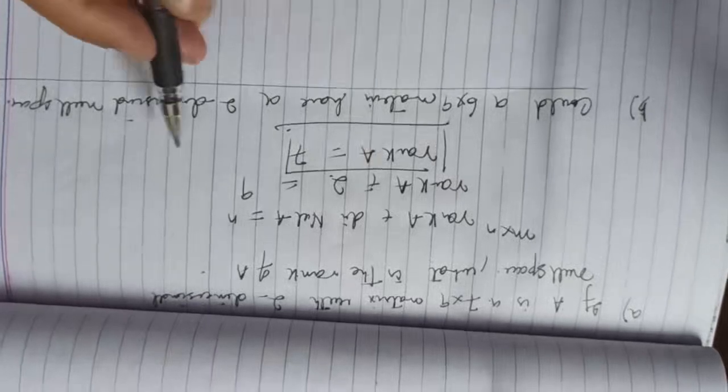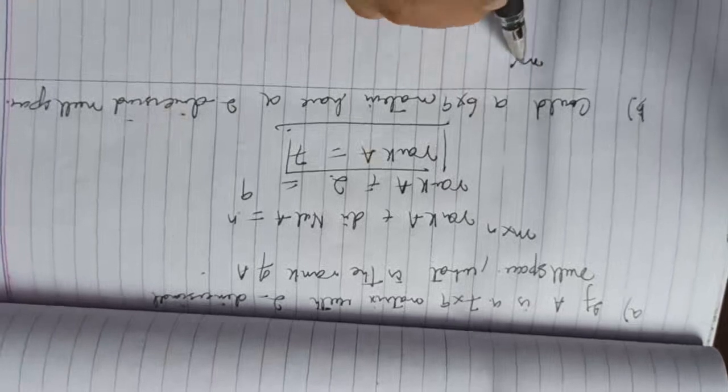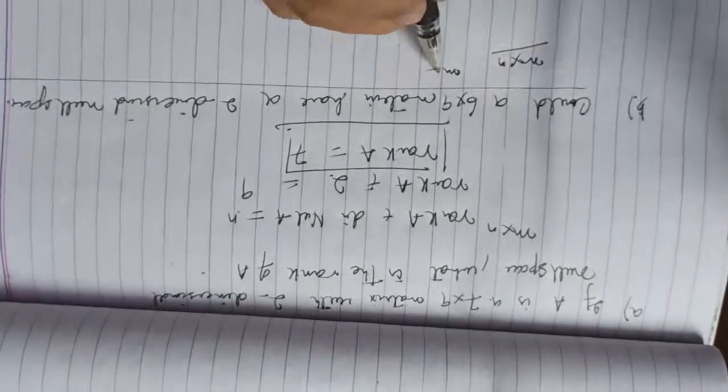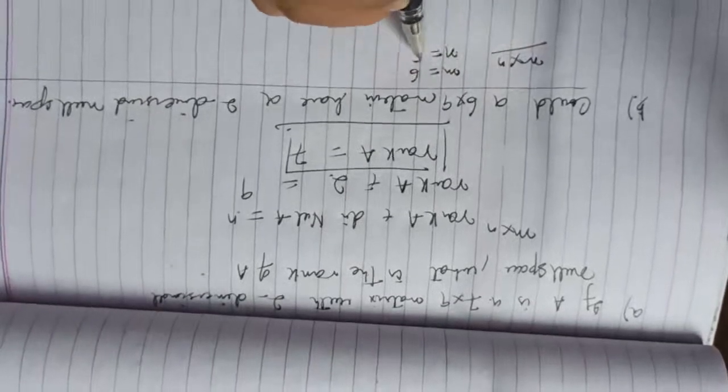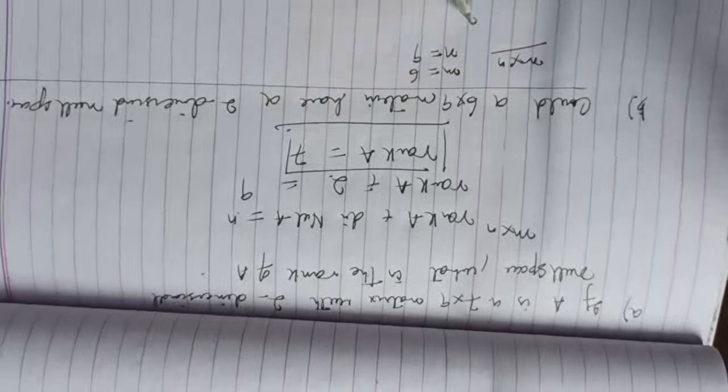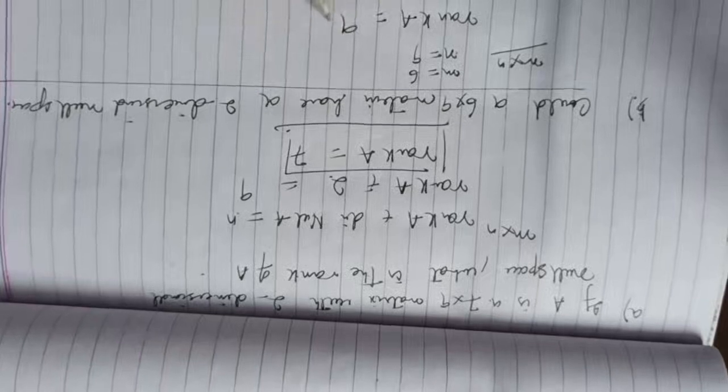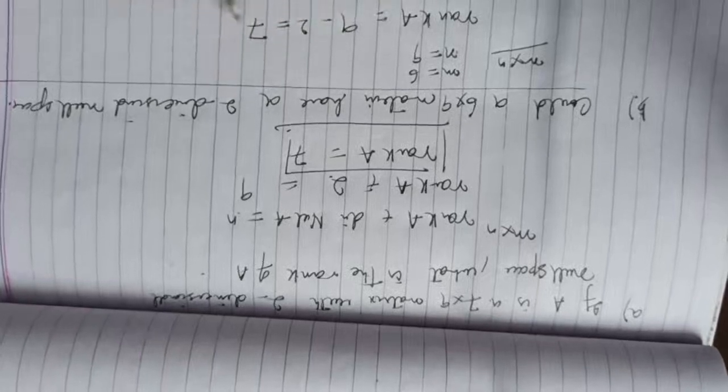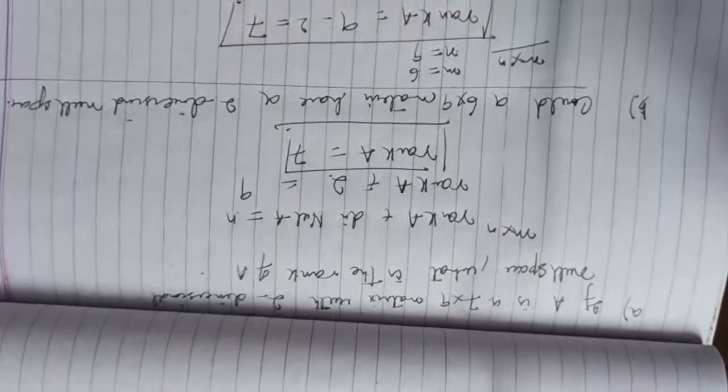Now let's say, it's M cross n, right? Remember, M is equal to 6 here and n is equal to 9 here, right? So if you look at this formula, then the rank of A comes out to be 9 minus 2, which is equal to 7. So the rank of A is 7, right?